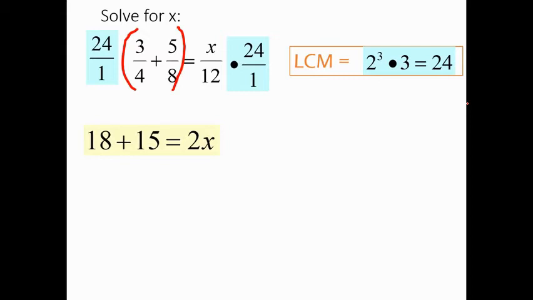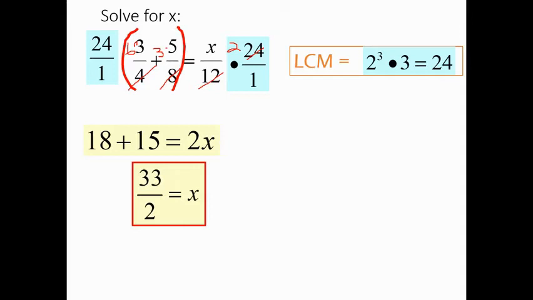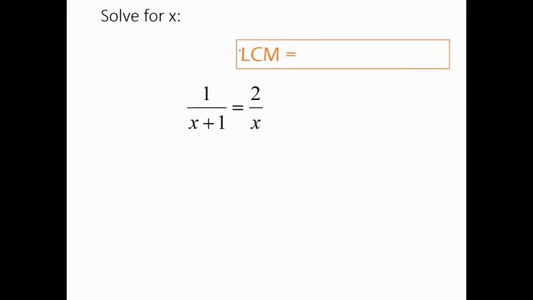You'll do a lot of cancellation. Remember, 4 is going to go into 24 6 times, so you're going to have 6 times the 3. And then the 8 gives you 3 times the 5. And on the right side, 24 over 12, you'll just get a 2x instead. And that turns into 33 over x.